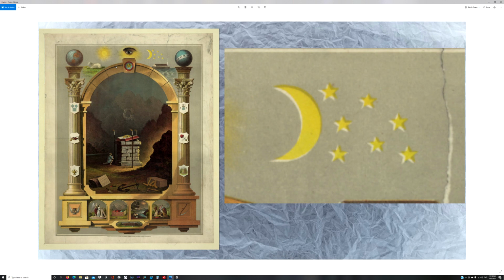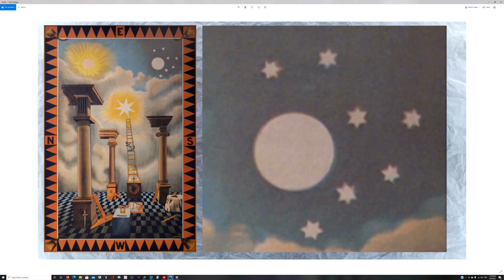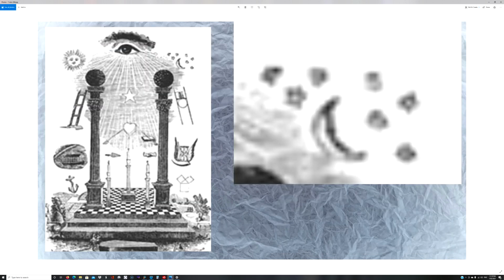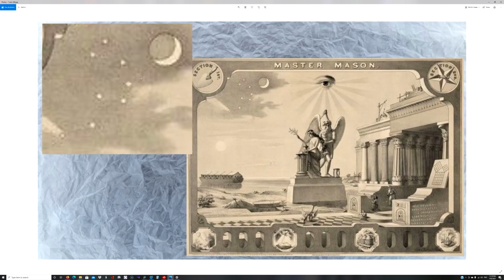Now here are some other boards, and again you can see at the top here, 7 stars with the moon, again 7 stars with the moon, and the same thing there. It was low res, but back to this one. Again we have 7 stars with the moon, plus this, we'll come to that in a moment.